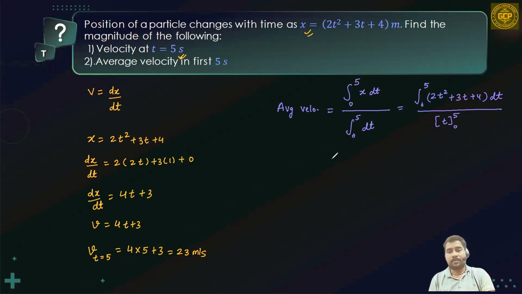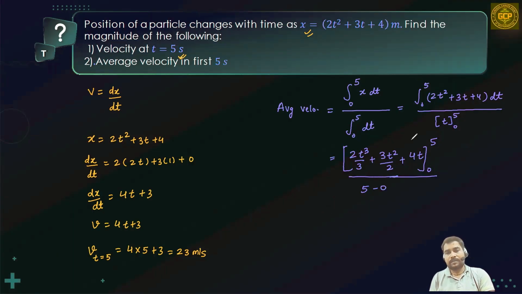Now integrate 2t square. t square will have integration t cube upon 3. 3t has integration 3 times t square upon 2, and integration of 4 is 4t, with limits 0 to 5. In the denominator, if you put the limit, you will get 5 minus 0.